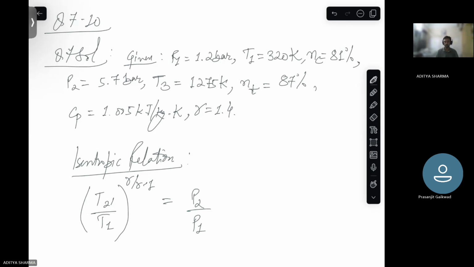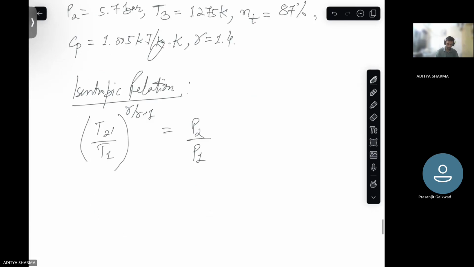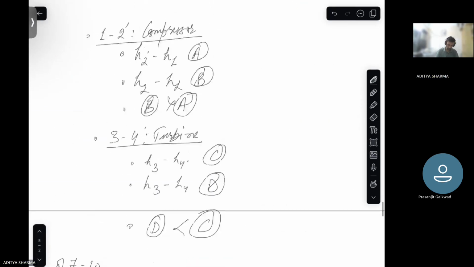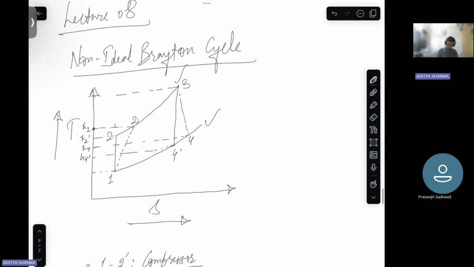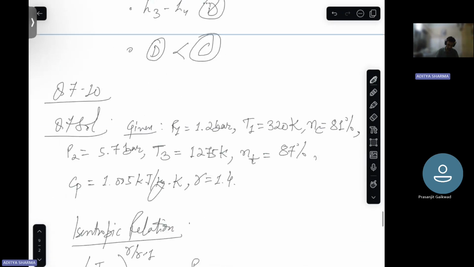This is there. If you see, 1 to 2 dash is isentropic and 1 to 2 is real.